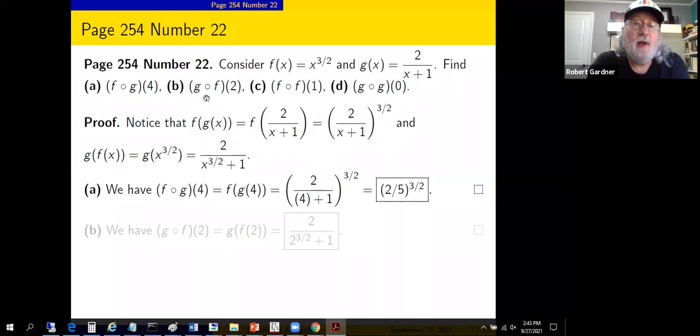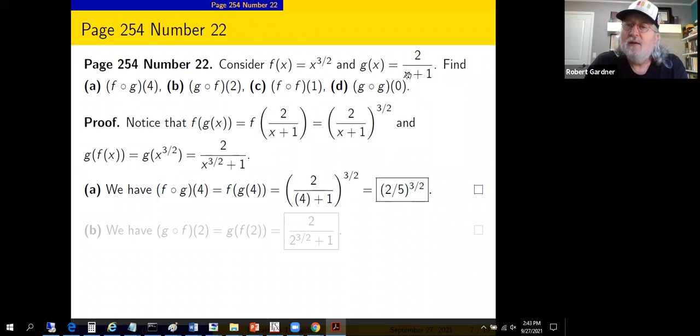If we did it the other way around, which we need for part B, we'd have g composed with f. What's f of x? f of x is x to the 3/2. So we'll replace f of x with x to the 3/2. What does g do to things? It takes that thing, adds 1 to it, and makes it a denominator with 2 in the numerator.